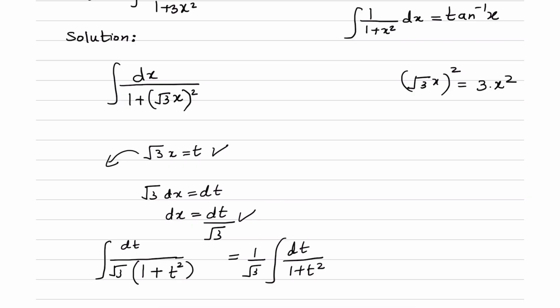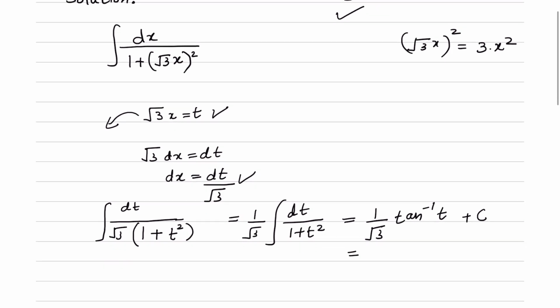We can see that 1 over 1 plus t square dt is just like this integral 1 over 1 plus x square dx. So it can be written by this formula as 1 over square root 3 tan inverse t plus some constant. Since t was not originally part of our question, we will put here the value of t, which is square root 3x. So we can write 1 over square root 3 tan inverse of square root 3x plus some constant.